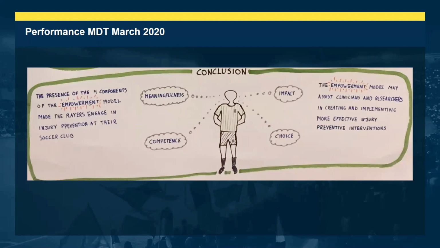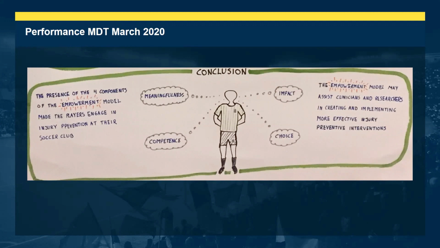Based on these results, we concluded that the players in the study found injury prevention interventions, whether it be exercises, load management, whatever was done in order to prevent injuries, more meaningful, and they were more likely to engage in them if those 4 components of the empowerment model were present.